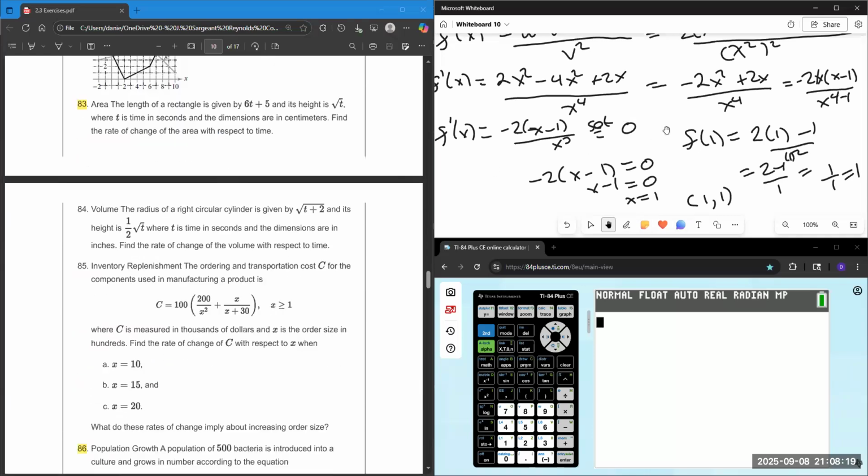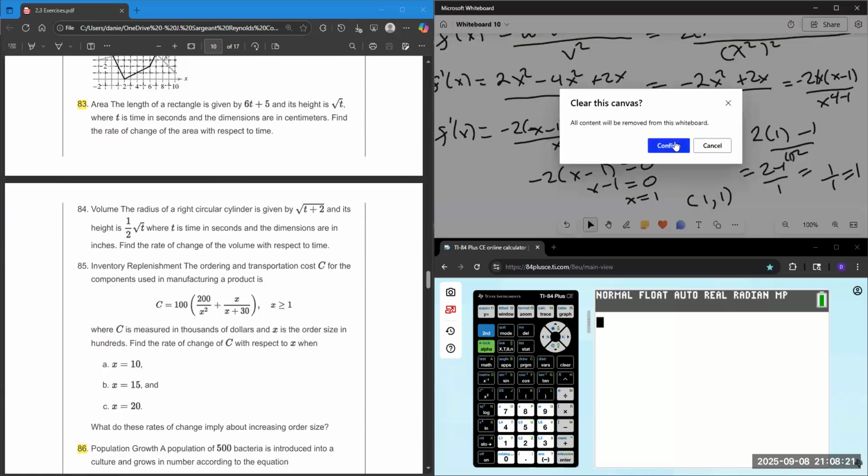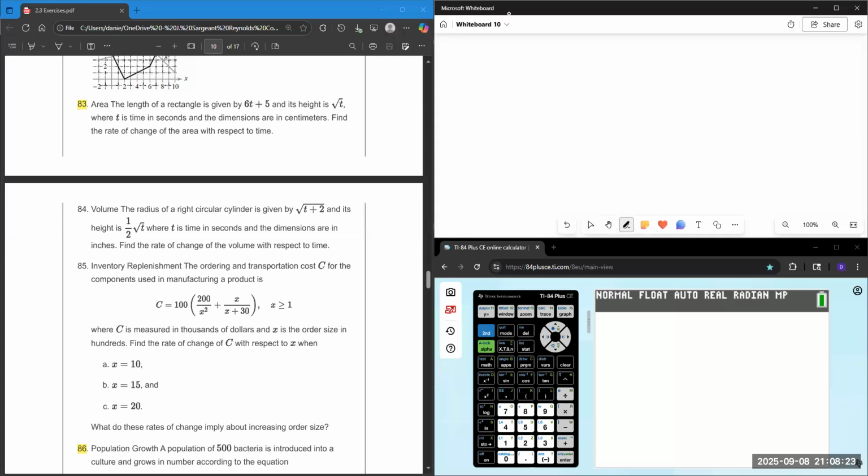Let's look now at number 83. Area with respect to time is given by the square root of t times 6t plus 5. I'm going to call that A of t, equal to 6t to the 3/2 plus 5t to the 1/2.